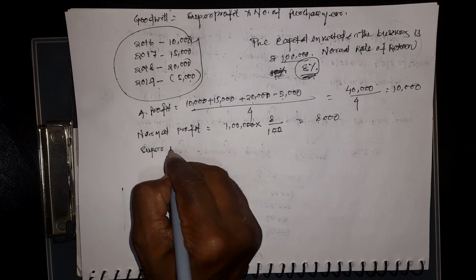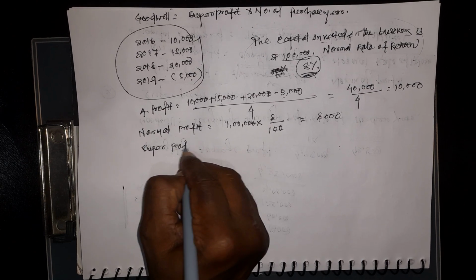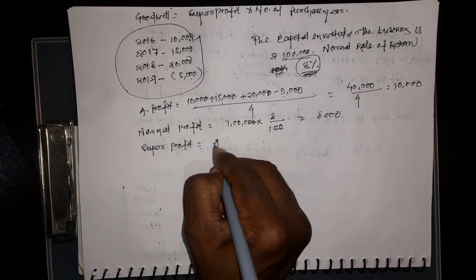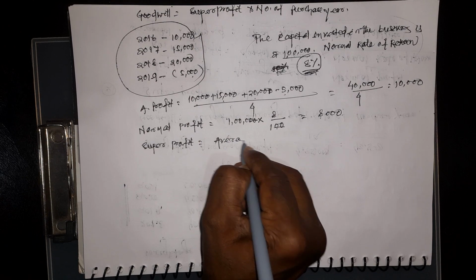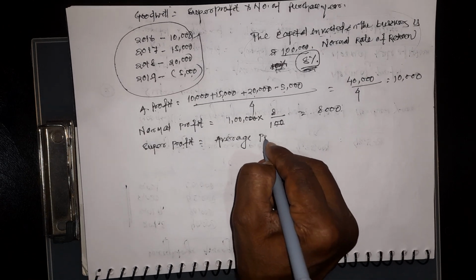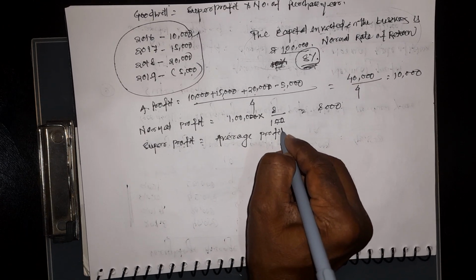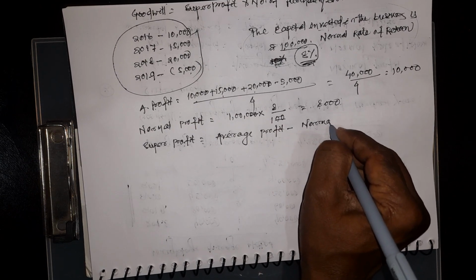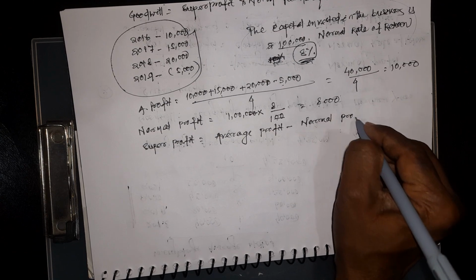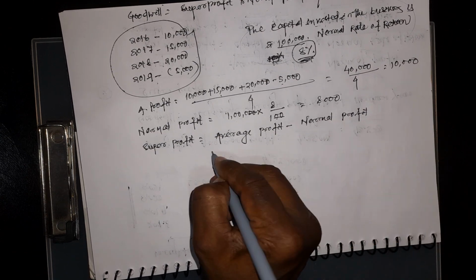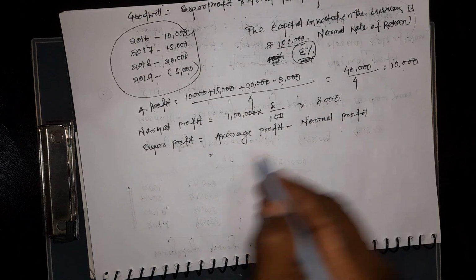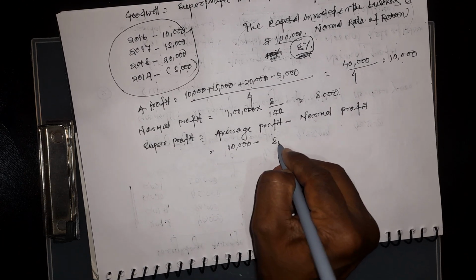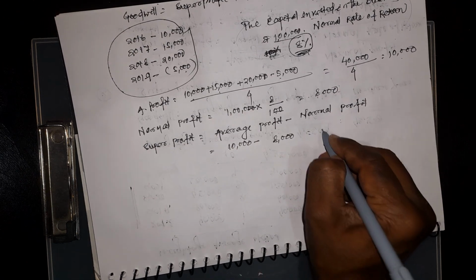So now what will be the super profit? Write the formula first: average profit minus normal profit. The average profit is 10,000, the normal profit is 8,000, so it will be 2,000.